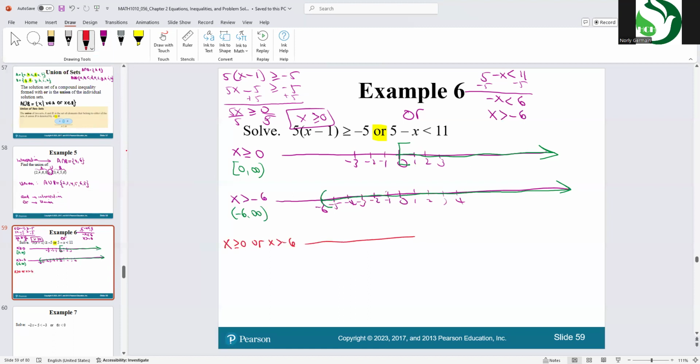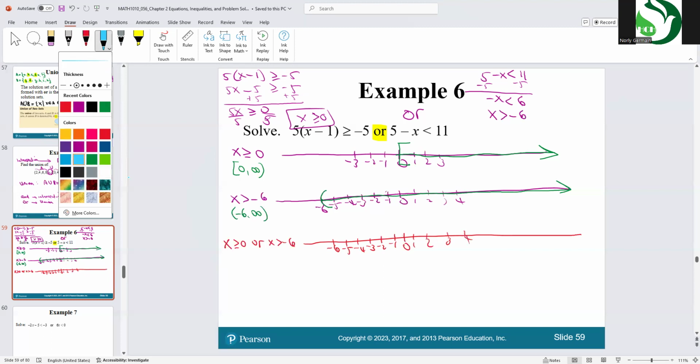So on this number line, having 0 here, -1, -2, -3, -4, -5, -6, 1, 2, 3, 4, etc. We take all the areas as long as there is a green part on them. The first one starts at 0, but the second one starts at -6. So we have no choice. We must take it from -6.